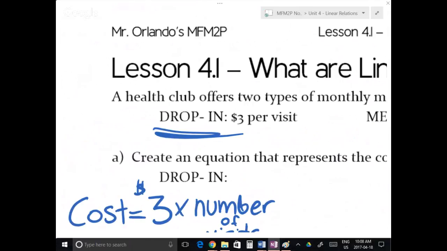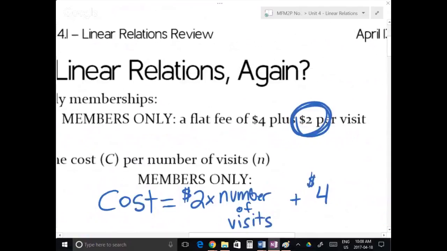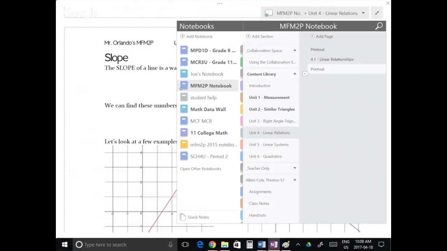It's always $3 per visit, or it's 100 kilometers per hour, or it's $50 per gigabyte, or it's 20 students per class, and so on and so forth. It's always a rate like that. And what about the members only, where we had a flat fee? What was the rate of change here? Yeah, so again, $2 per visit. Good. Every rate of change has a per.